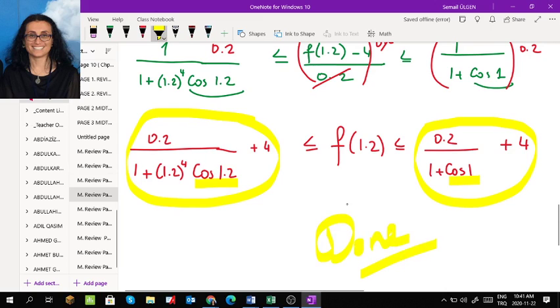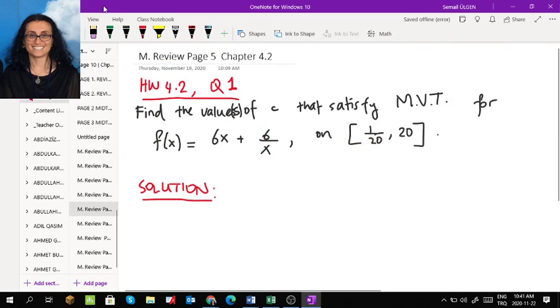Okay, and then let's move to the next one. Find the values of c that satisfy the mean value theorem for f of x on here. Let's remember the mean value theorem. In order to apply it, f has to be continuous and differentiable.